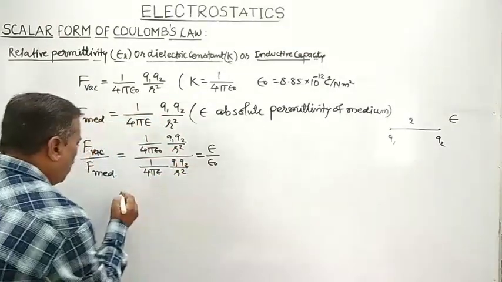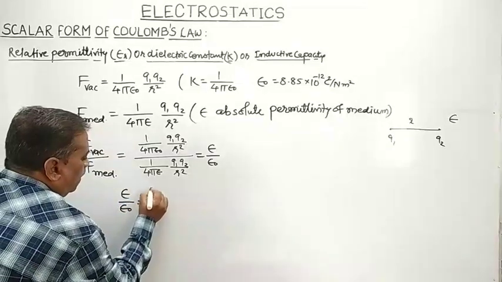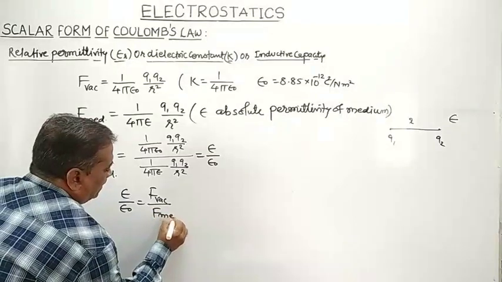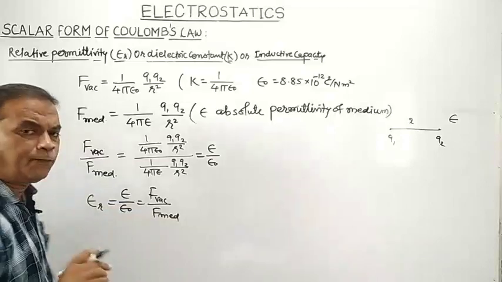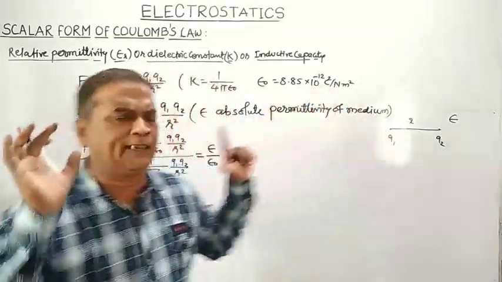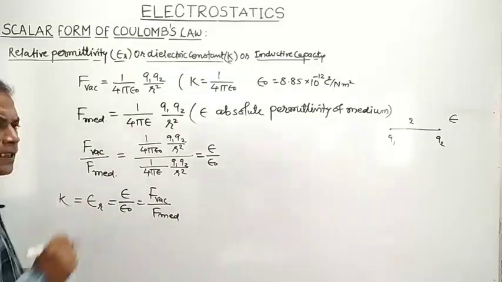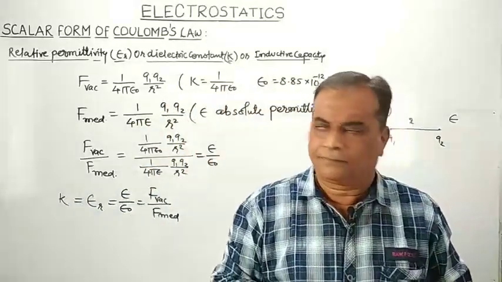So this ratio of epsilon divided by epsilon 0, or F vacuum upon F media, is defined as the relative permittivity of a medium, or it is also known as the dielectric constant K of a medium.